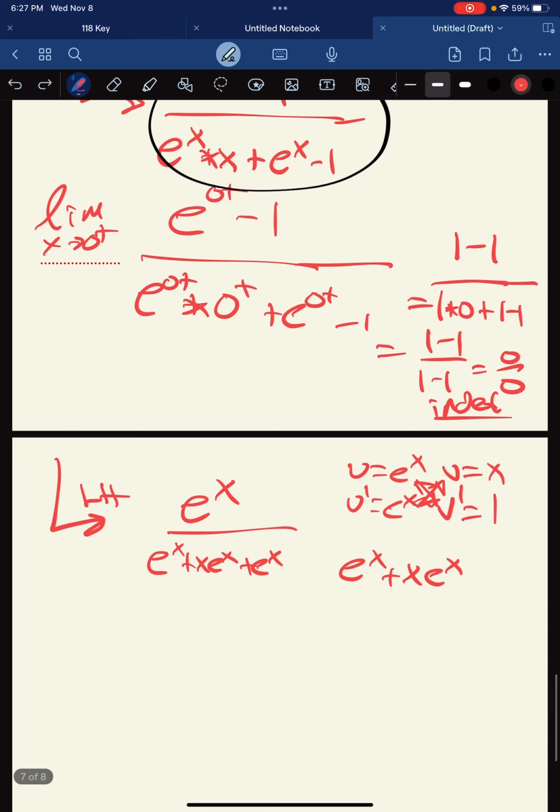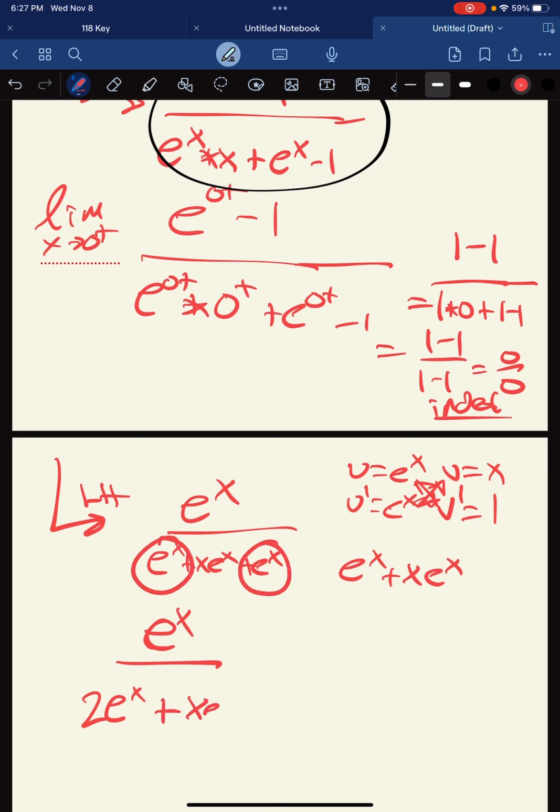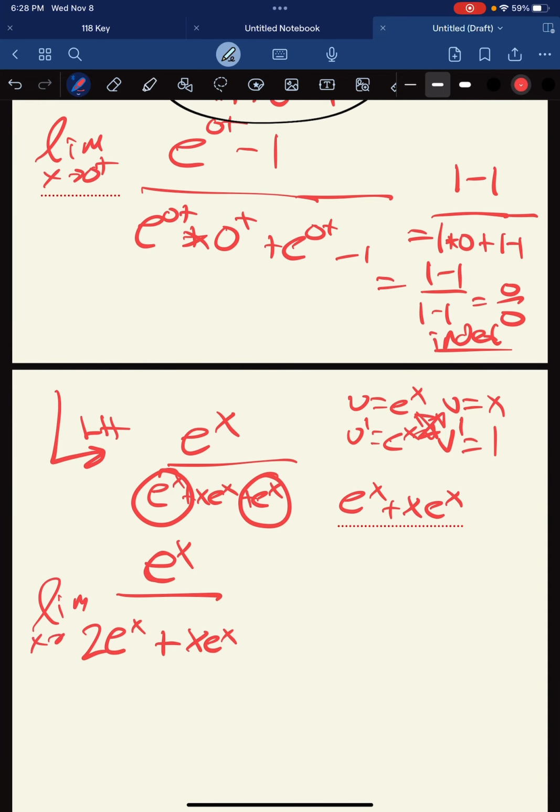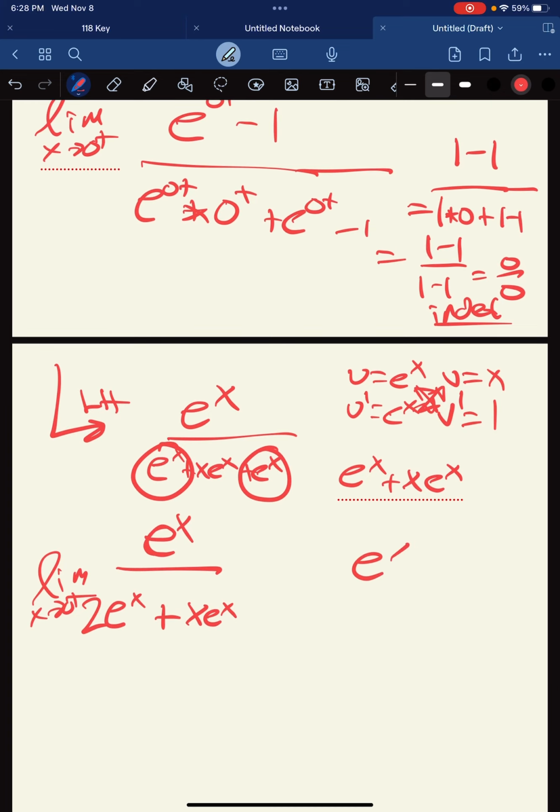So now we can simplify this. We got e to the x divided by 2e to the x, because we can combine this term and this term, plus x e to the x. And so this is still the limit as x approaches 0 from the right. So what we can do here is we can factor out an e to the x. So the numerator is just e to the x.